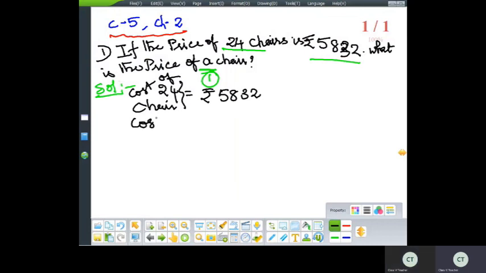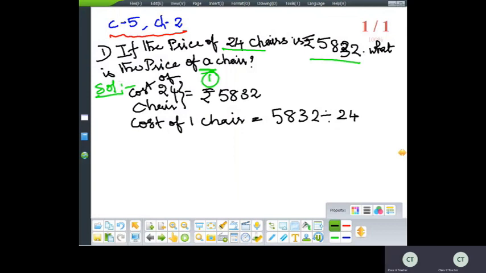Then cost of one chair is equal to 5,832 divided by 24.